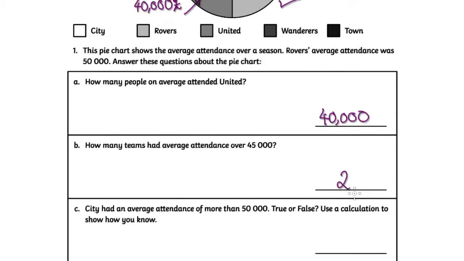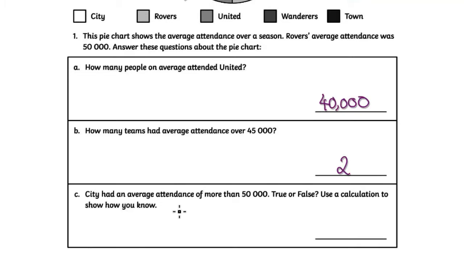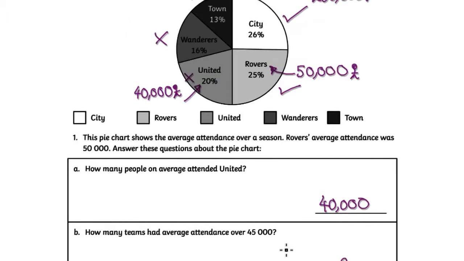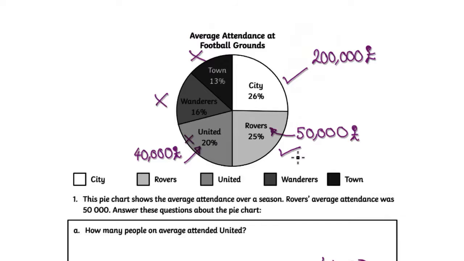Okay, so the next question is, City had an average attendance of more than 50,000. Is that true or false? So let's look at this. Yeah, that's definitely true, because 25 pieces represents 50,000 people. Here you've got 26 pieces, here you've got 25 pieces.